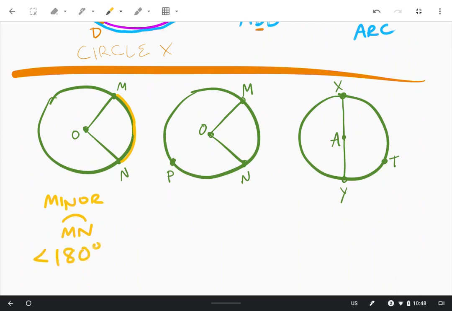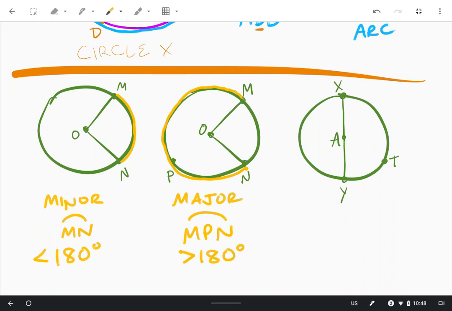We'll talk more about that in a second. Major arcs go the long path around the circle. This would be arc MPN, and this has a measure that is greater than 180 degrees.